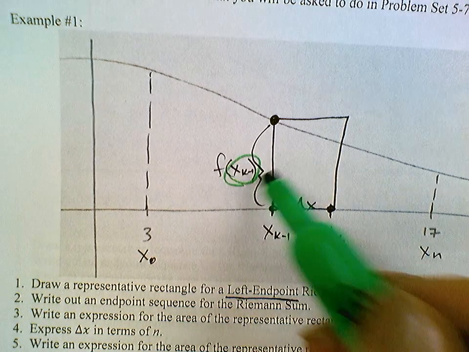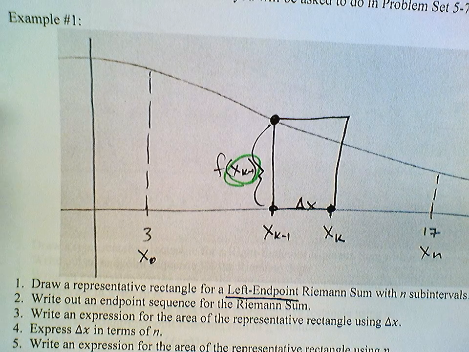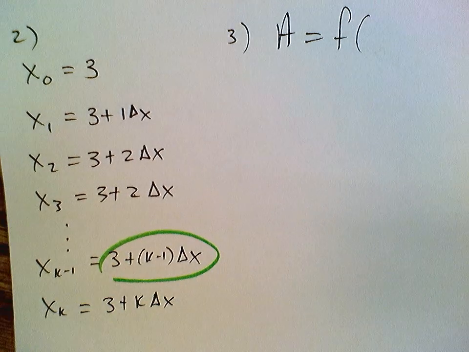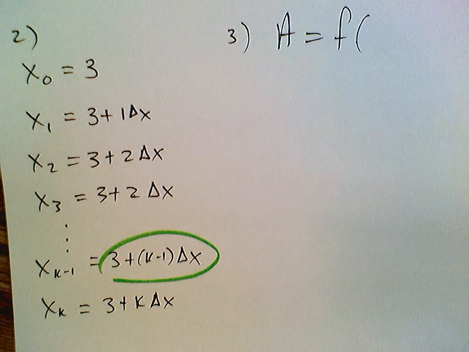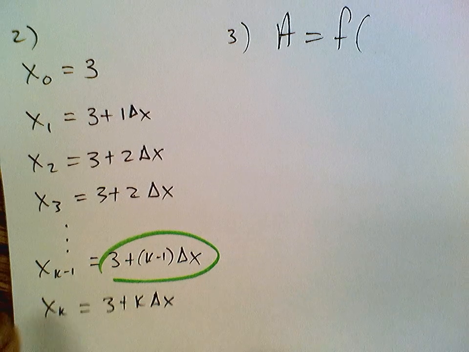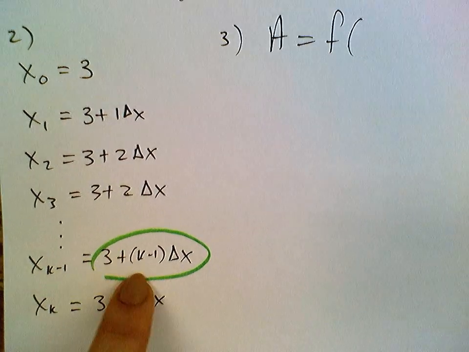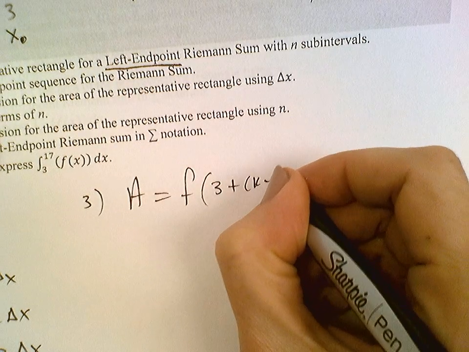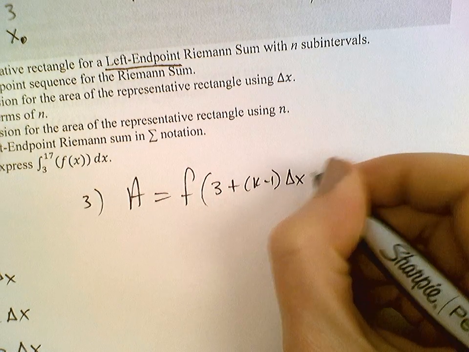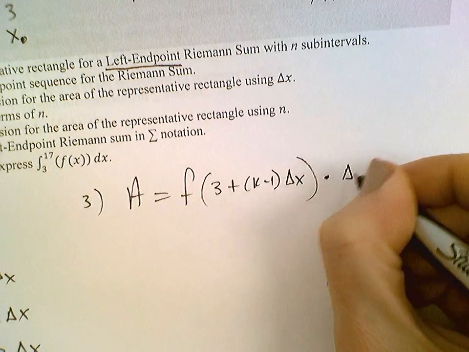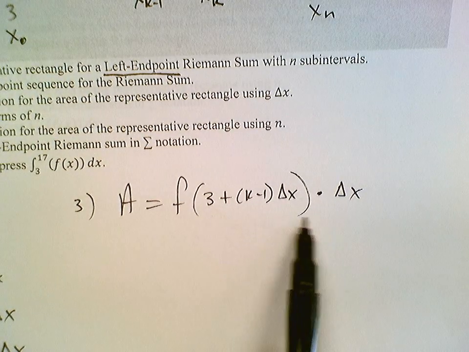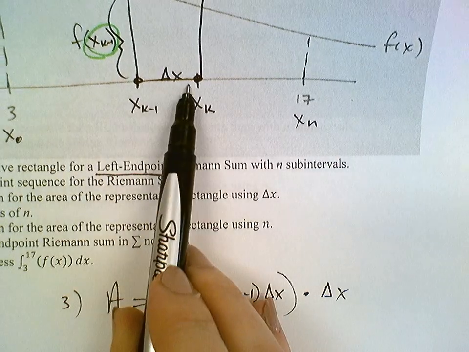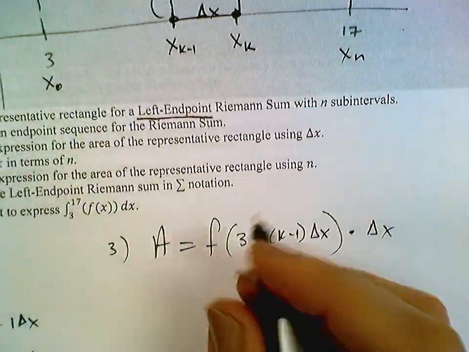If you look at your sequence, that is x sub k minus 1. So this input is the same as that input. So what I'm going to input here is 3 plus k minus 1 times delta x, times delta x. This is the height, and then this is the base.